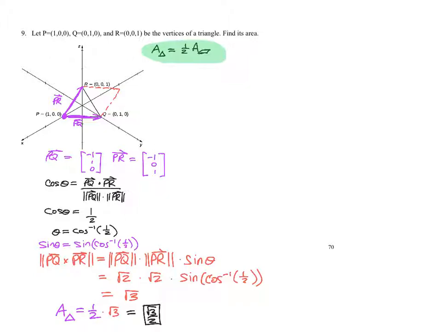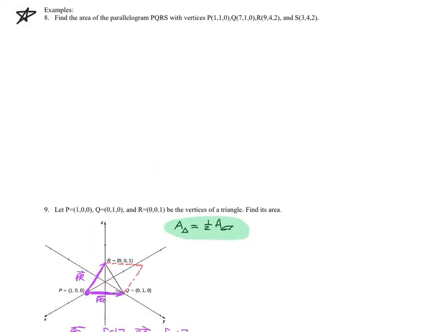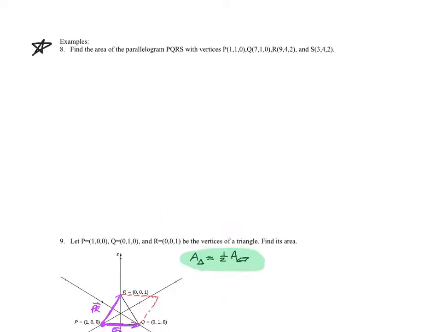All right. Page 70. There we go. So area of the parallelogram with vertices, this, that, and the other thing. I need some vectors.